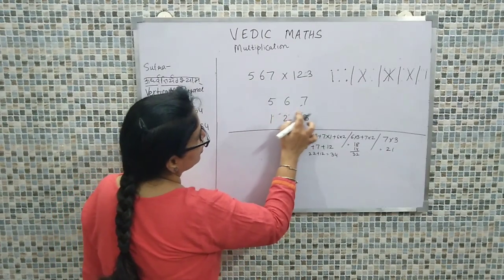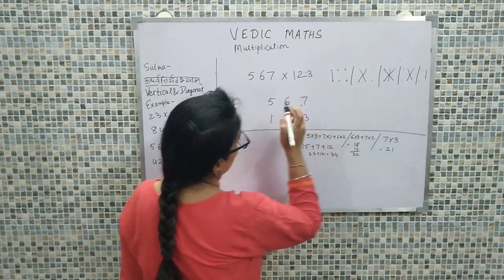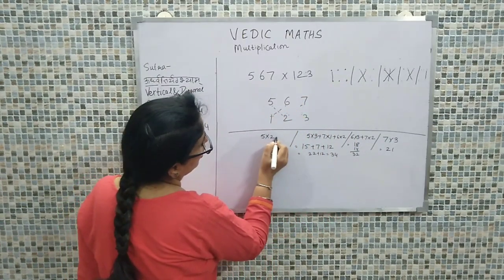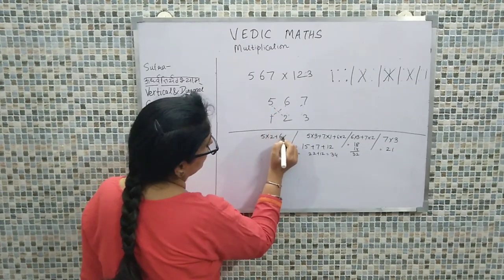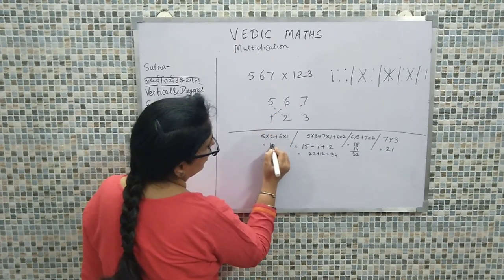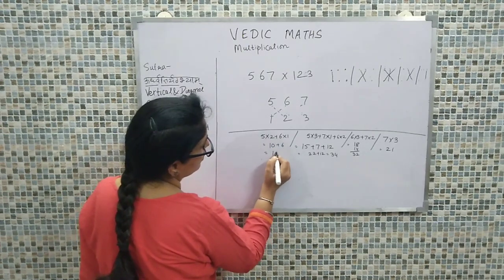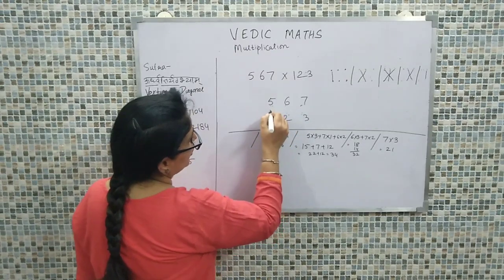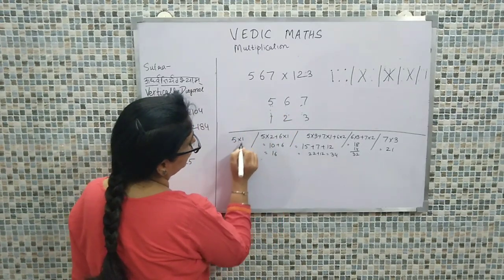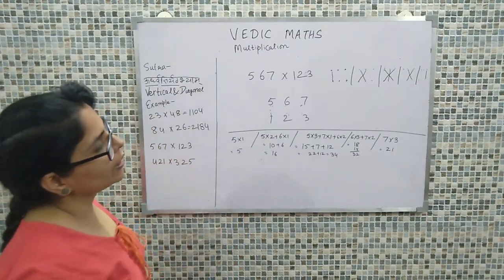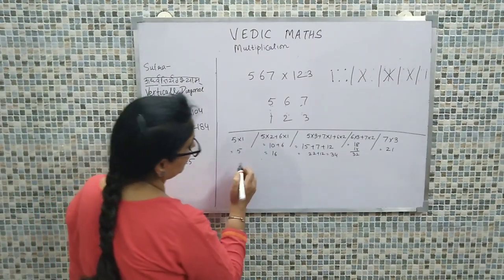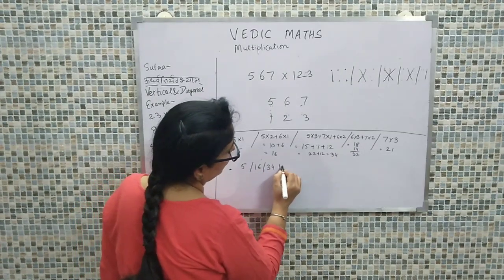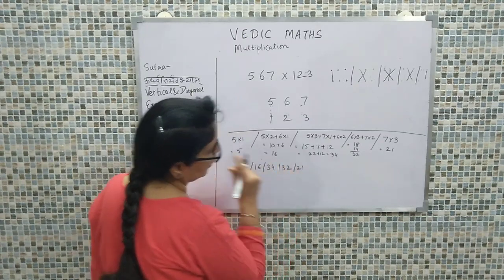Coming to the next step, we have 5 2s plus 6 1s. 5 2s are 10 plus 6, that is 16. Coming to the extreme left digit, we have vertical, 5 into 1, that is 5. Now we have identified the values in each segment: 5, 16, 34, 32 and 21.